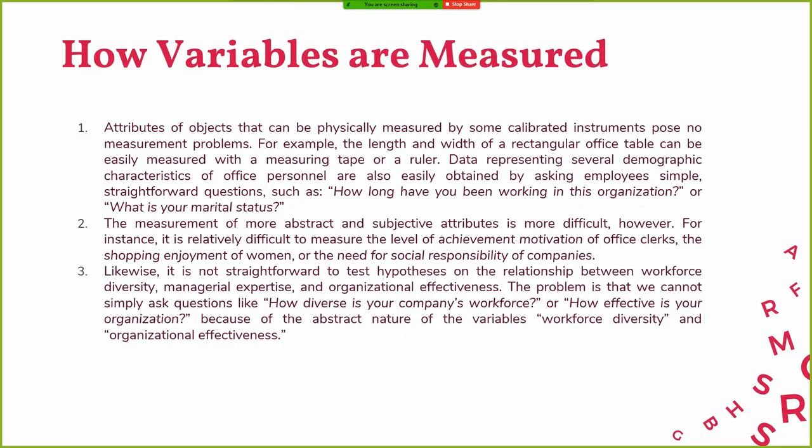For example, the length of a table, age, marital status, how long someone has been working in an organization, your current semester, your job rank, your monthly salary. These are really easy to measure, like demographic variables, what we normally see at the top of a questionnaire.